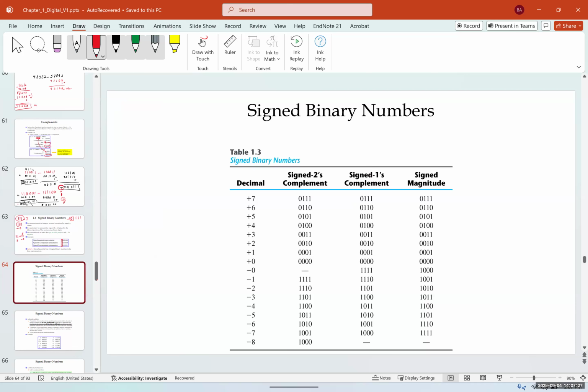And for example, positive 0 is going to be 0 0 0 for the ones complement and 1 1 1 for negative 0, which basically are both the same.